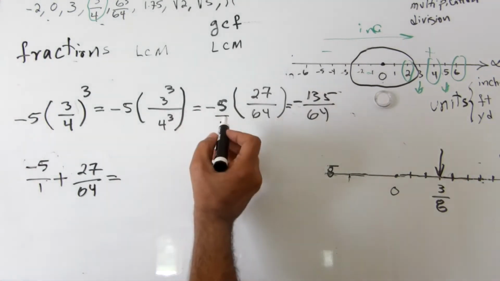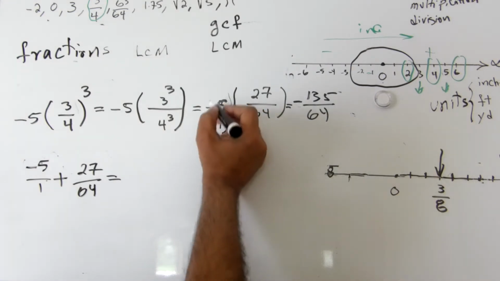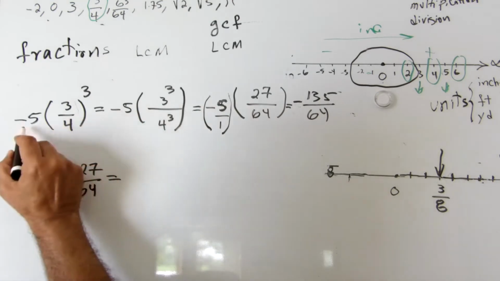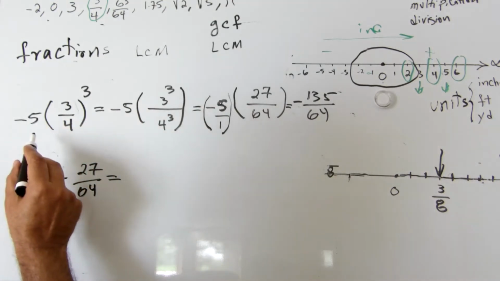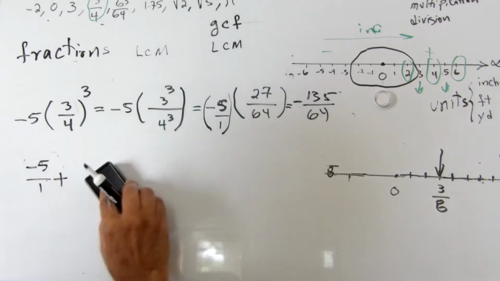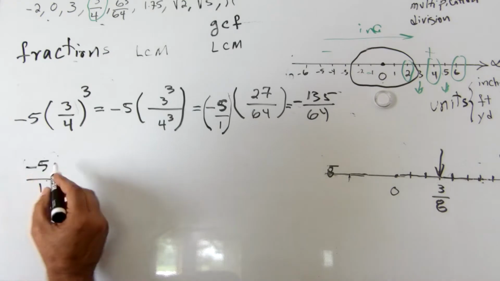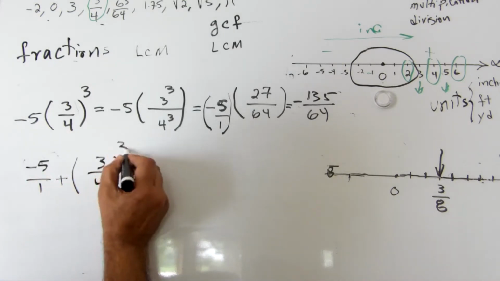You have to realize that this is multiplication. If we say 5 times something, there is multiplication. But the answer would be different if we say minus 5 plus 3 over 4 to the power of 3.